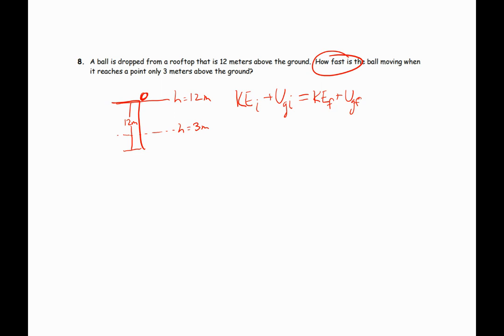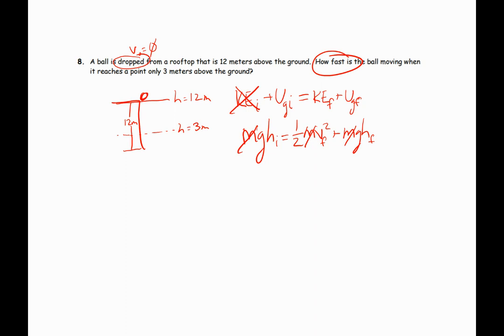Well, in the very beginning, it is dropped. And when something is dropped, that means that v initial equals 0. So we can go ahead and cancel that. So we end up getting mgh initial is equal to 1/2 mv final squared plus mgh final. And again, notice our masses cancel. Awesome.